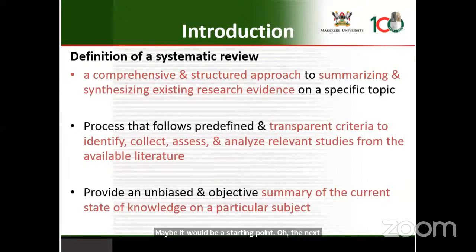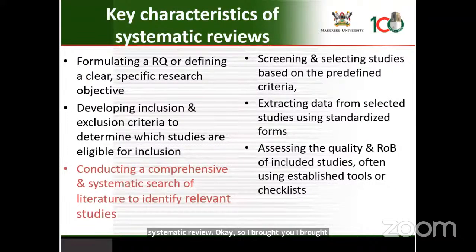Okay. So I brought these definitions and also the characteristics of systematic reviews to bring out the importance of a systematic literature search. Those are the characteristics of systematic reviews, but I'll just focus on the third one, which is conducting a comprehensive and systematic search of literature to identify studies for inclusion in our review.